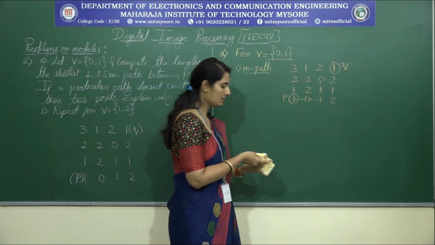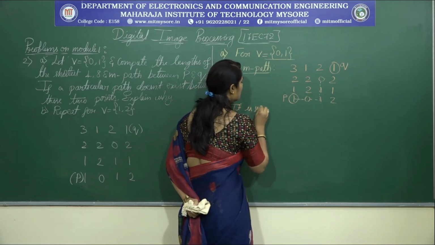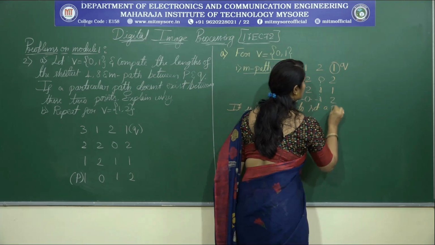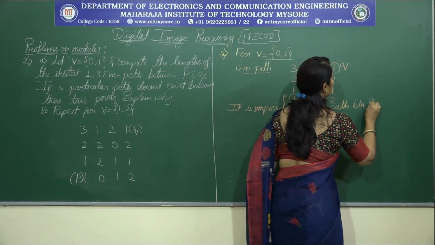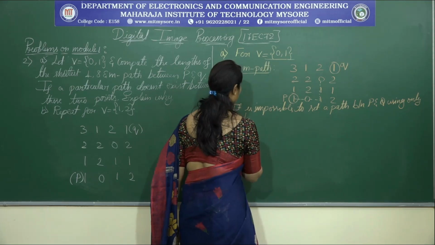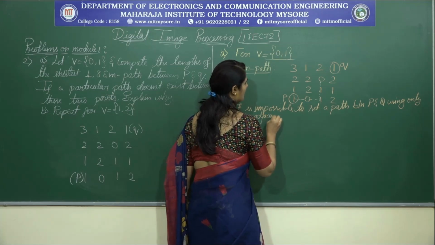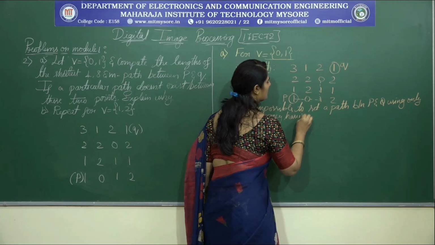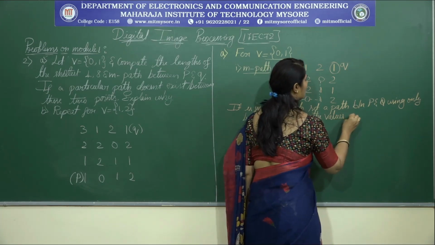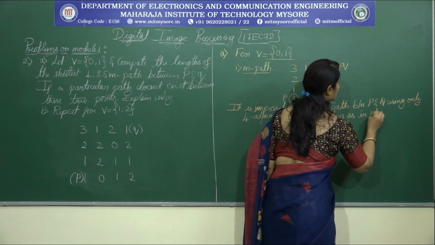So the reason is very simple: it is impossible to set a path between P and Q using only 4 path or 4 adjacency having the values as in set V.